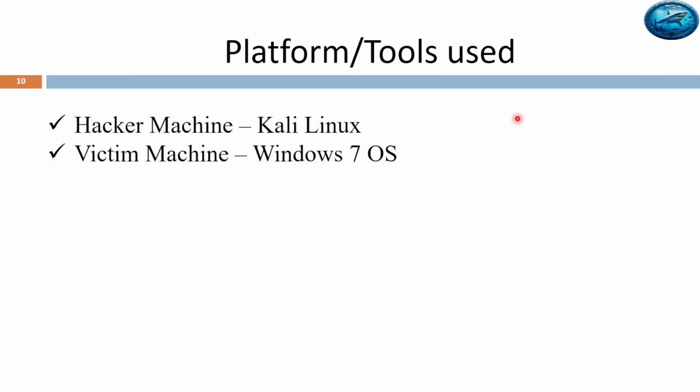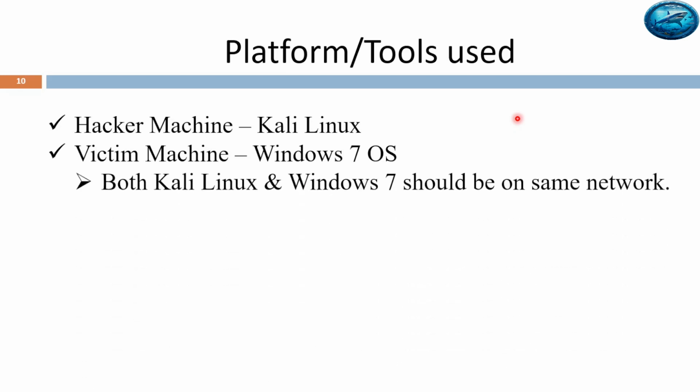Further, we are going to use different platforms and tools for this video tutorial. We'll have a hacker machine running Kali Linux. We'll use a Windows 7 operating system as the victim machine. As I have already mentioned, the requirement is that both Kali Linux and Windows 7 should be on the same network.